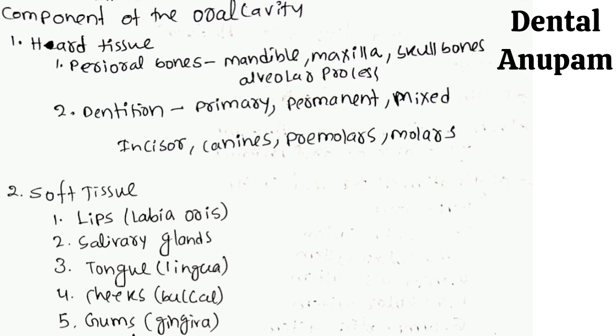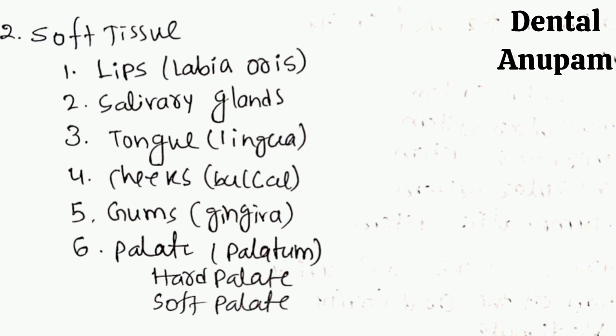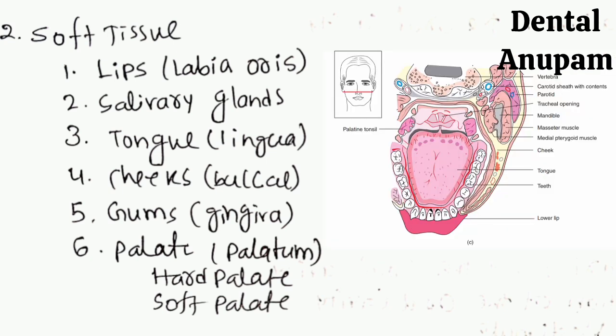Soft tissue. The soft tissue of the oral cavity drapes the skeletal components. They are composed of the lips, cheeks, gum, tongue, salivary glands, and soft palate. Lips, labia oris.